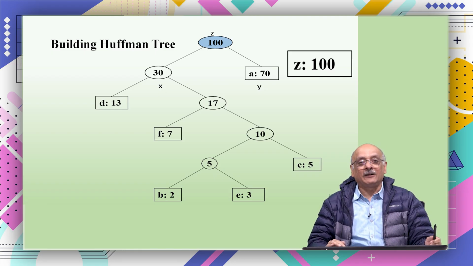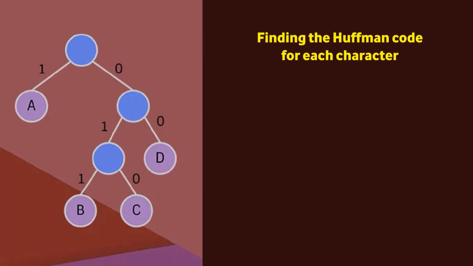Now, this particular Huffman tree, we got to convert onto Huffman coding. So, how do we do that? Finding the Huffman code for each character, how do we do that?